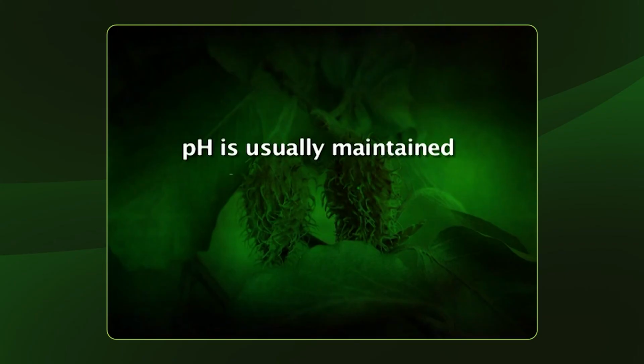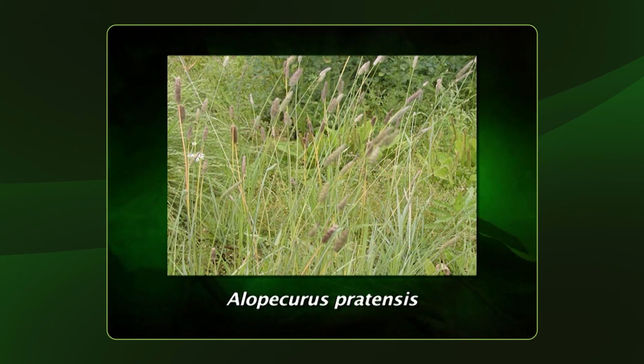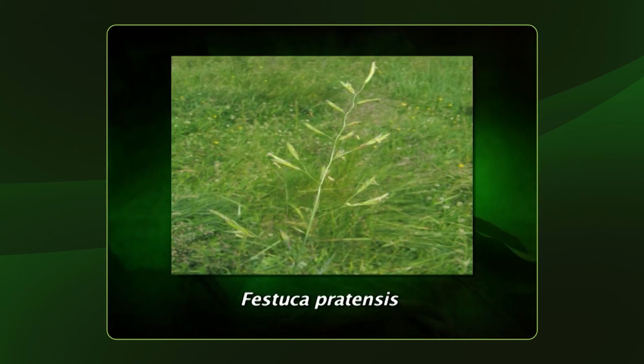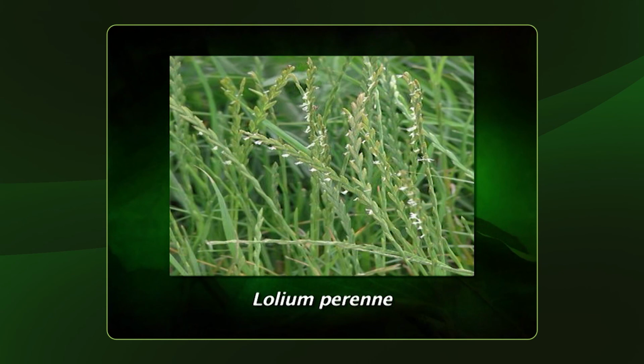In water-sand system for seed germination, pH is usually maintained between 6.0 and 7.5, as even some calcifuge species like Alopecurus, Festuca, and Lolium, etc., germinate well at 6.5.